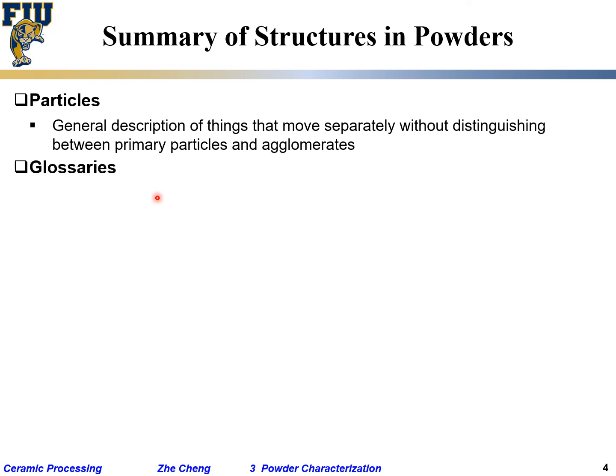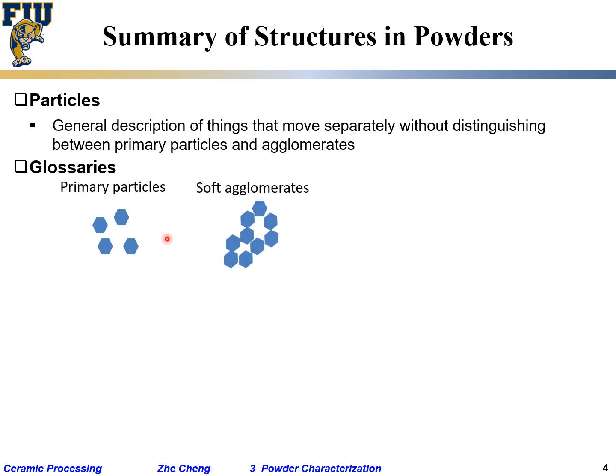And we have the primary particle, individual, cannot be separated further, okay? And the soft agglomerate, where each of them are loosely connected together by just the surface interaction. And then there will be hard agglomerate or aggregates. Particles are strongly bonded together by a kind of solid bridge.